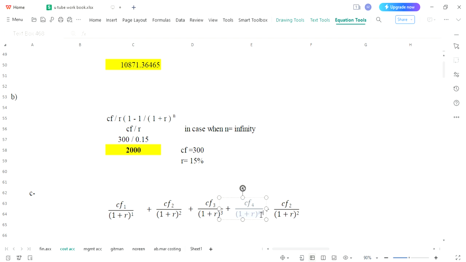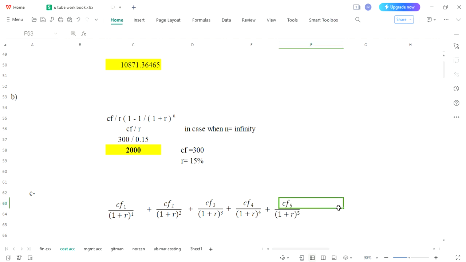It would become 4. For this cash flow, again we are going to change the number. It would be fifth, and in a similar way you will change raised to power as well, 5. Okay guys, look, within a few seconds we have completed our formula for 5 different cash flows.